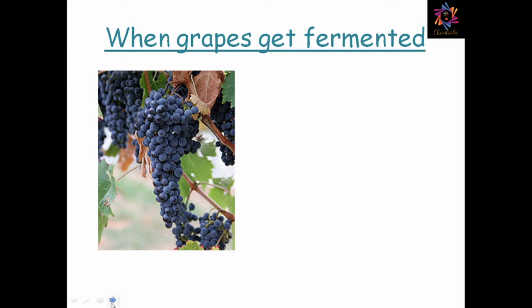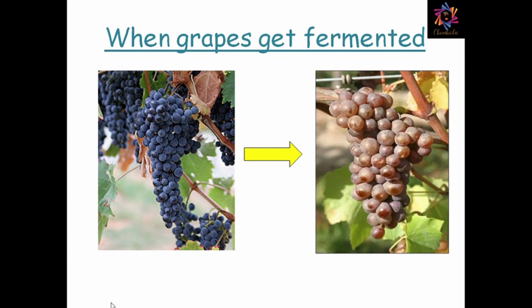Now see the picture, see the change of color in the grapes. This shows that the grapes have undergone the fermentation process. So what do you think, is it a physical change or a chemical change? Obviously it is a chemical change, because the glucose gets converted to alcohol, and both of these chemical entities are completely different.